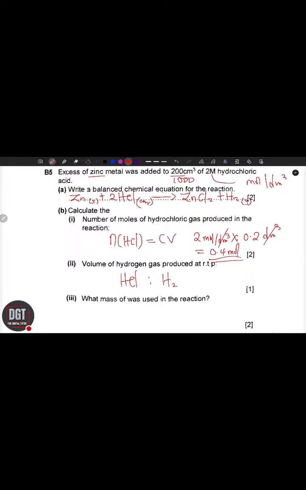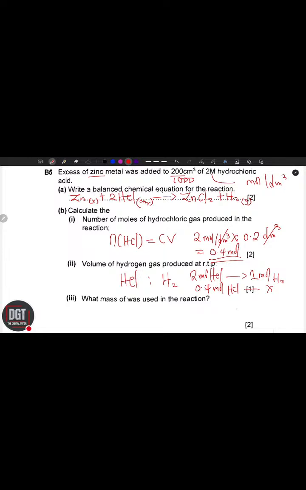Now in front of HCl there's a 2. So 2 moles of HCl produces what? 1 mole of hydrogen. What is the number of moles of HCl that we found? 0.4 moles of HCl. What about hydrogen?